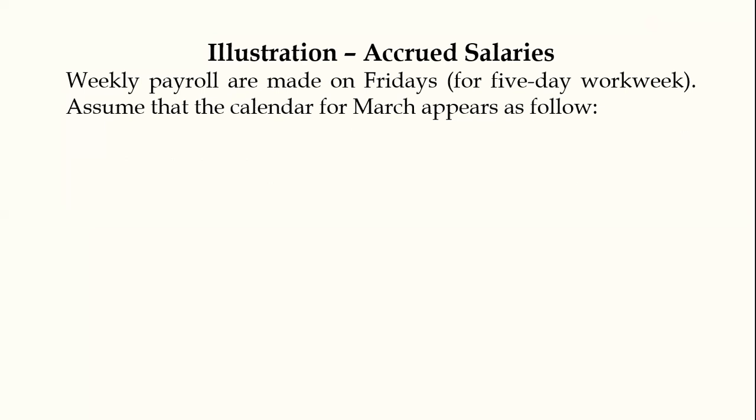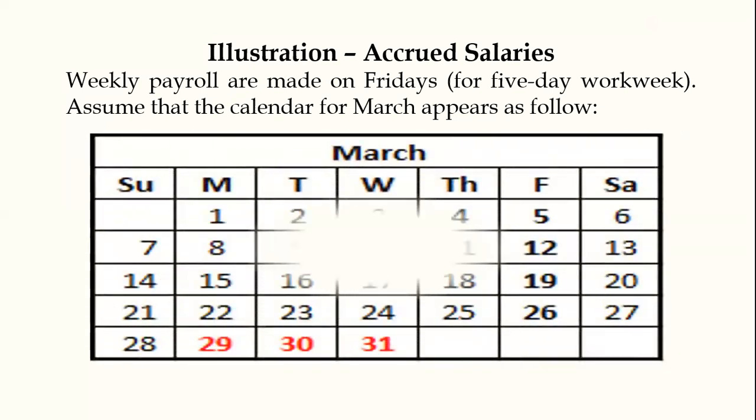Okay? Now, let's go back here. Weekly payroll are made on Friday for a 5-day work week. So it means 5 araw ka magtatrabaho, and then at the end of 5 days, magbabayad ka na ng empleyado mo. Assume that the calendar for March appears as follows. Nagkaroon ng problema kasi because of this calendar.